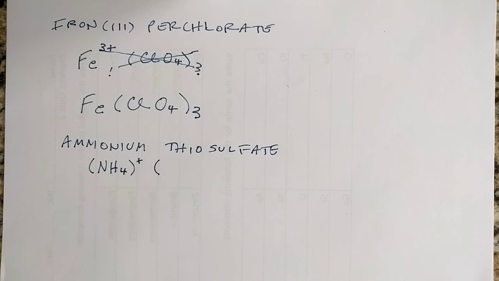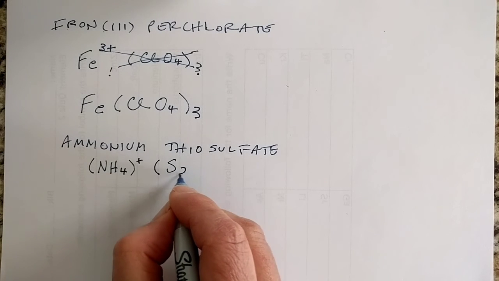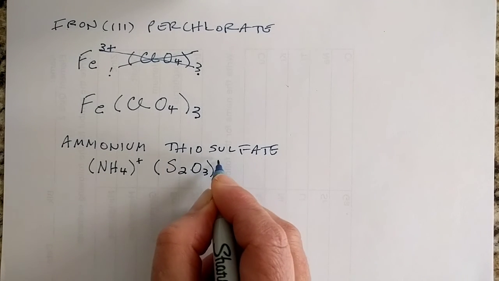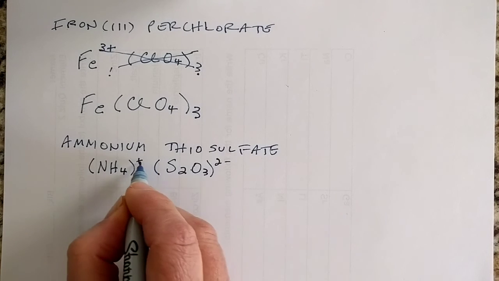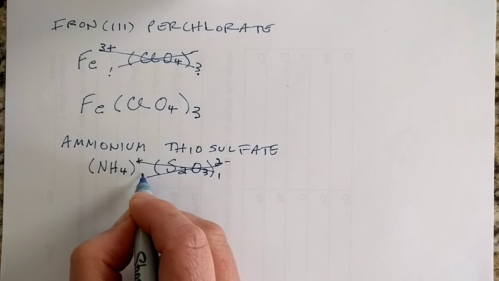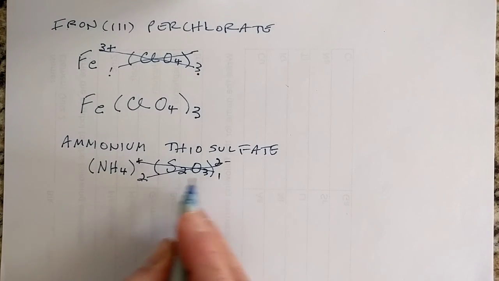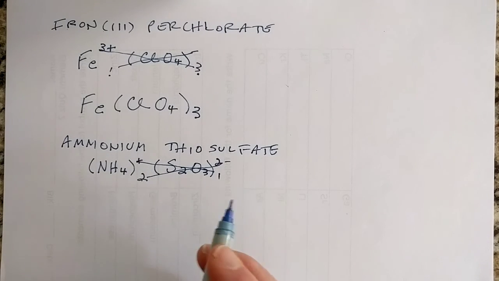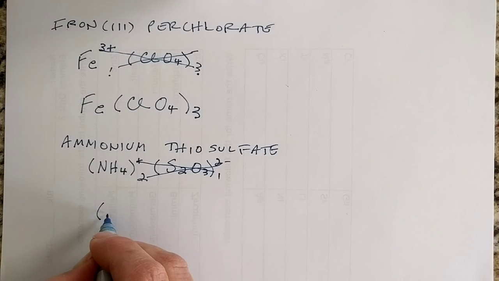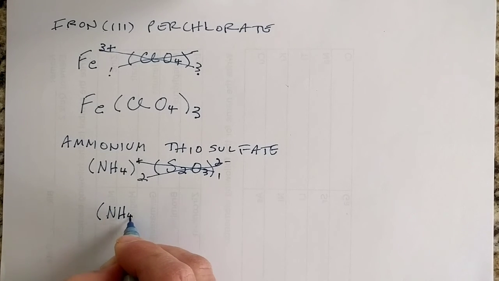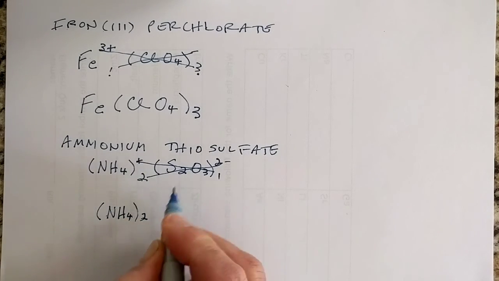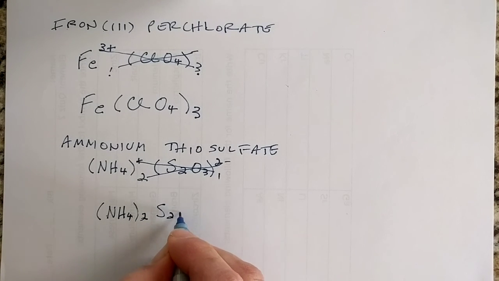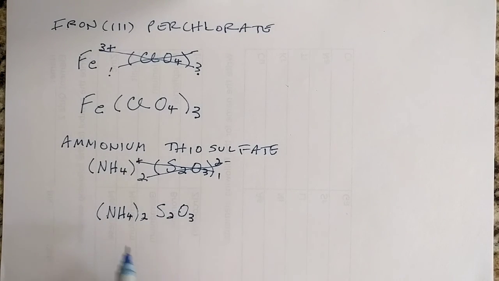Thiosulfate, we check our chart, and that is S2O3 with a 2-. Cross the charges. 2 to 1 is the lowest whole number ratio. We only check the numbers outside of the parentheses, so we're fine. Rewrite it. The NH4 must have parentheses because that is a 2. The thiosulfate does not need parentheses because there's only 1 of them. So this is our final formula.